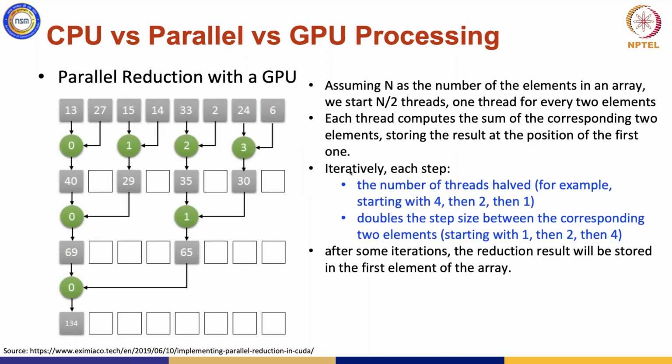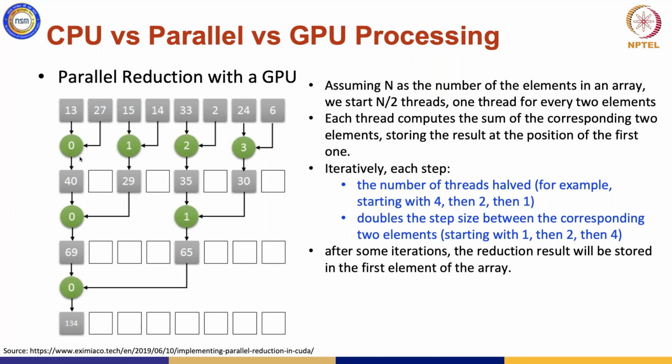Now, how do you do this parallel reduction using a GPU? The idea is, we assume that you have, let us say, n number of elements. So you start with n by 2 threads. You use one thread for every 2 elements. Each thread computes the sum of the corresponding elements, and then you store the result in one of the threads.